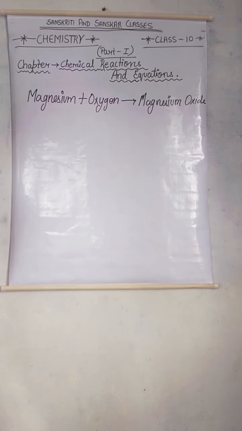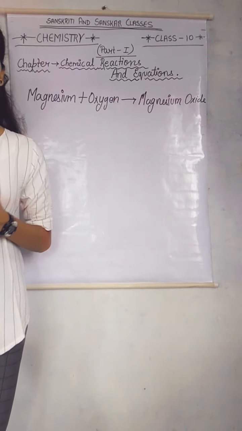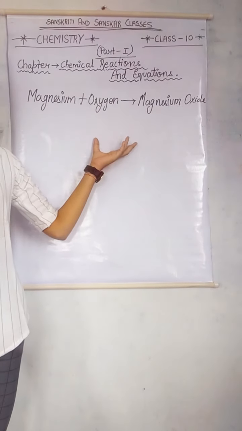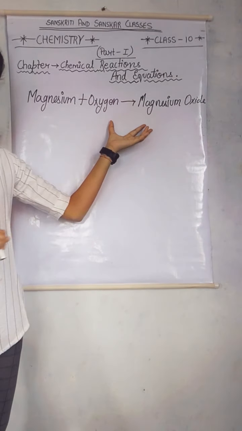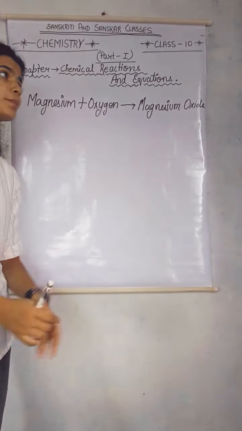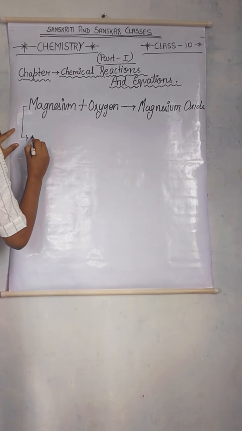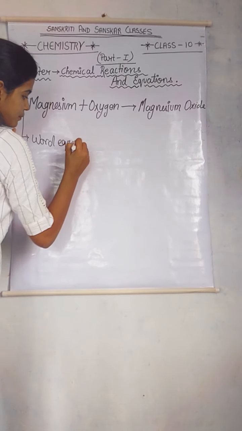I took quite a long time to say this sentence, but for writing it, there is a short way. This short method of writing a long sentence in chemistry is known as a word equation.